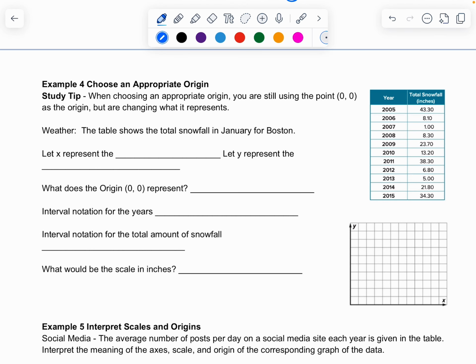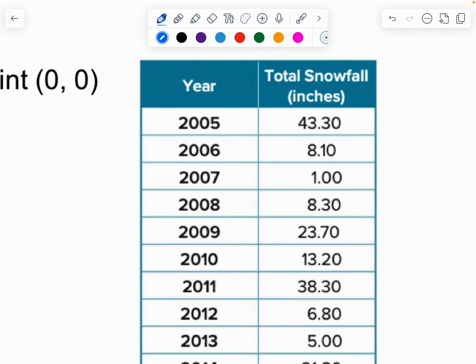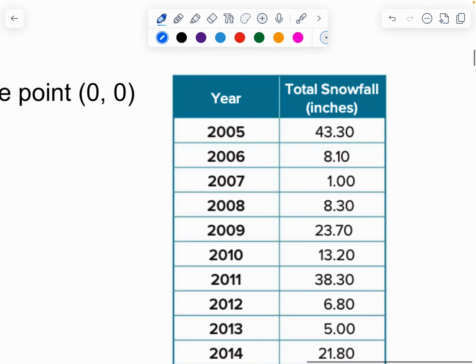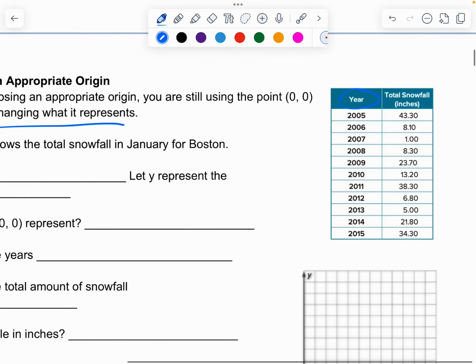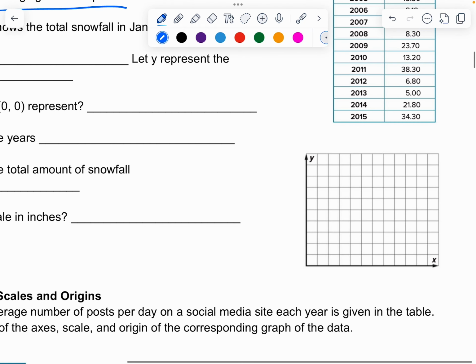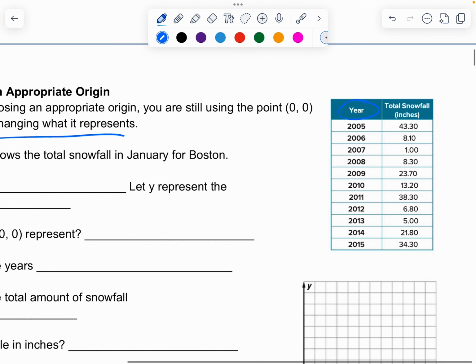When choosing the appropriate origin, you will start at the point 0, 0 as the origin, but changing what it represents. So if I look over here, I'm looking at the years for my x values. But we're not going to do years since 0. We want to do the years since this very first date.